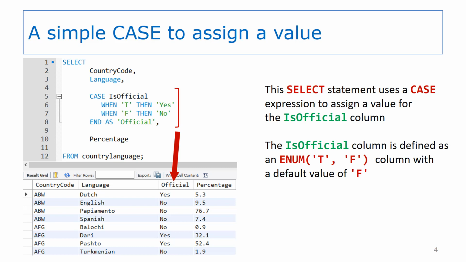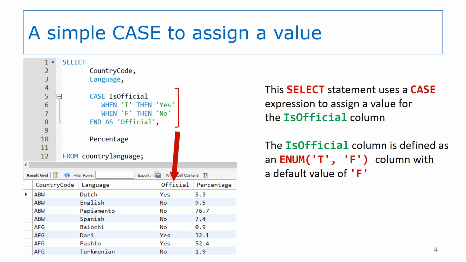This select statement also runs over the country language table, and it still selects all of the columns in the table. Let's start by looking at the result grid. Here you can see that the isOfficial column has been replaced by a column name of official. Notice also that the values in the column are now the words yes and no, compared with the letters T or F that you saw on the previous slide.